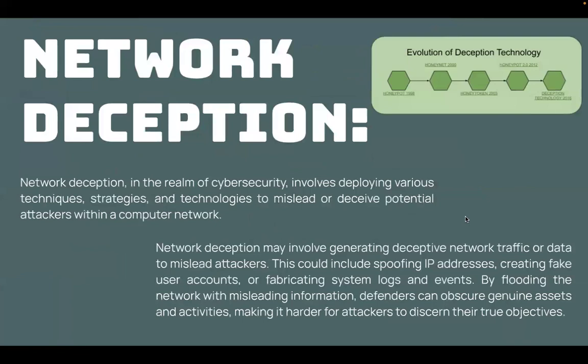Talking about network deception, computer network deception research aims to improve how we use deception to defend against cyber threats. For example, Liu and Xiang talk about manipulating network information to lead attackers and strengthen network security.